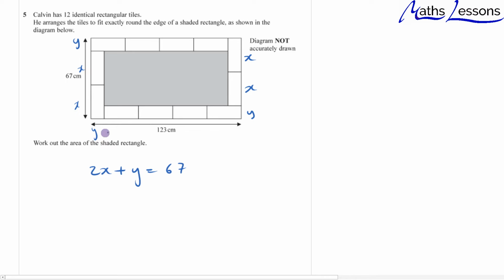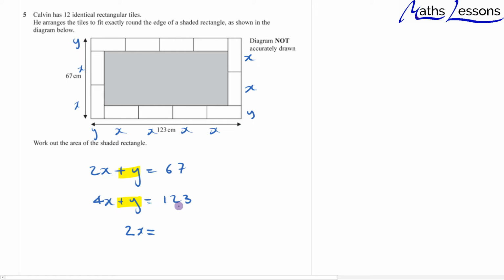And then I've got a y here and a y here, and we can see the same across the top. We've got 4x plus y equals 123. So we've got exactly the same y's, and we've got plus signs. So remember what I said: if the signs are the same, we take them away. So take the top one away from the bottom one: 2x away from 4x gives 2x, and 67 away from 123 gives me 56.